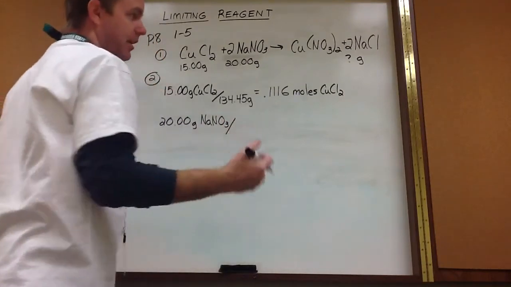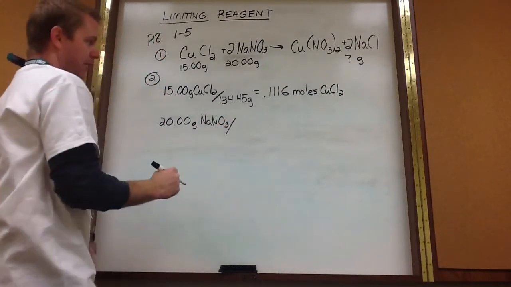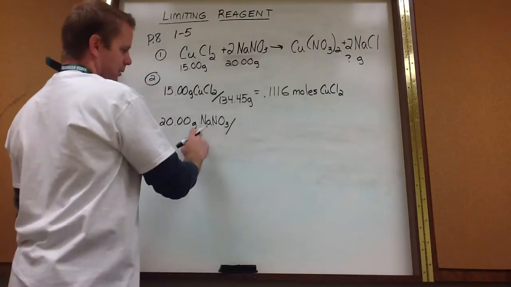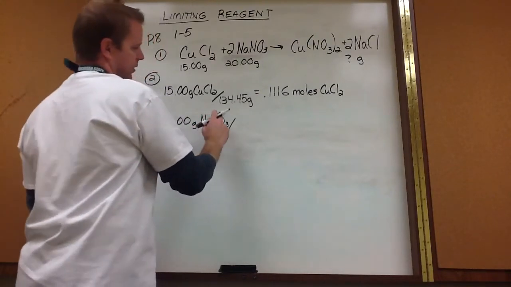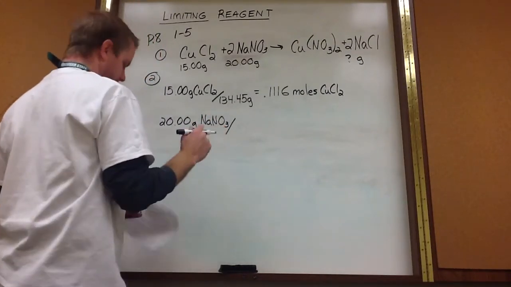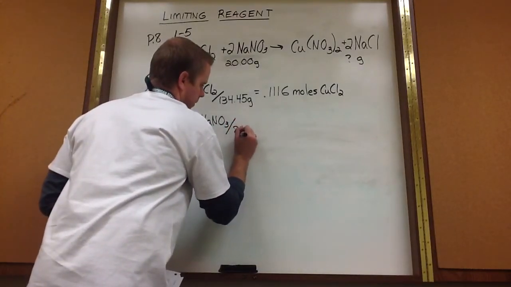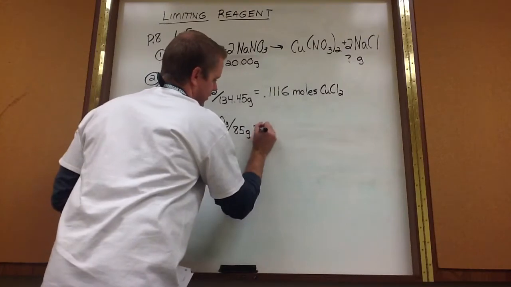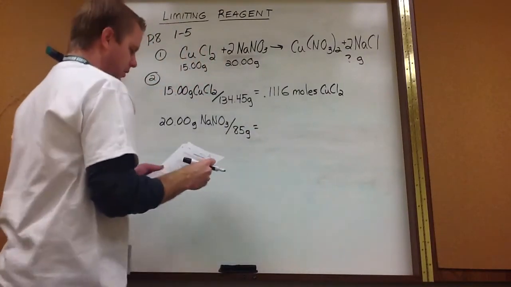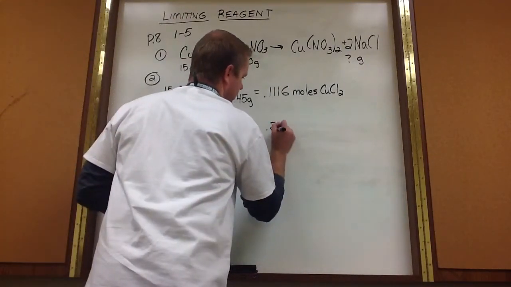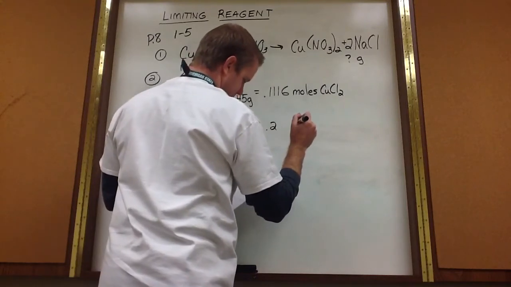Grams into moles, divide by the molar mass. So the molar mass of NaNO3 is 22.99, 14.01, and 3 times 16, and that ends up being 85 grams. You divide this out and you get 0.2353.